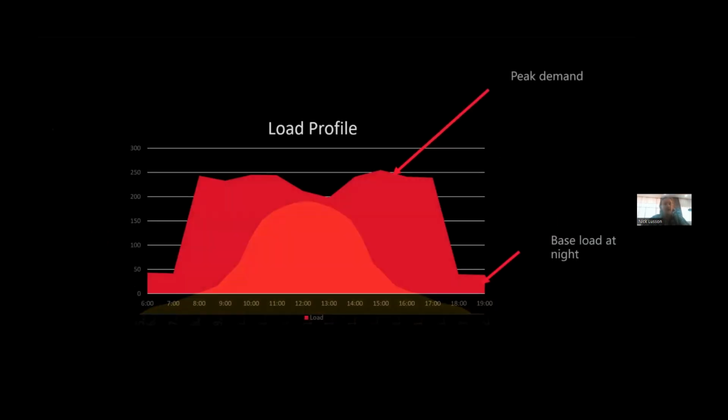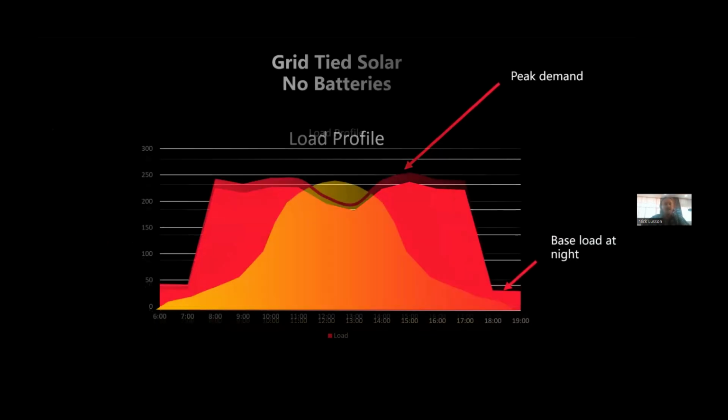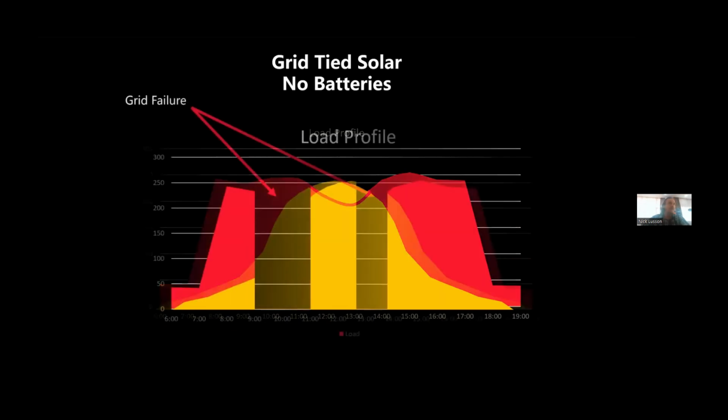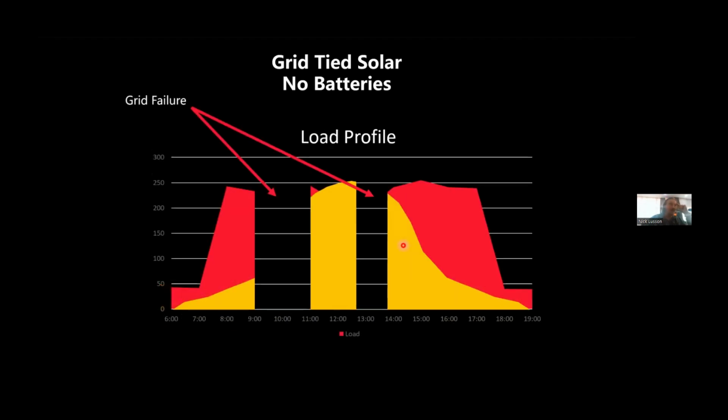But then what happens here is when there is a grid blackout, even the solar will stop producing. So that is a challenge. That is a big reason why people need batteries, especially if the grid is unreliable, because in this scenario, when the grid fails, even the solar fails as well.